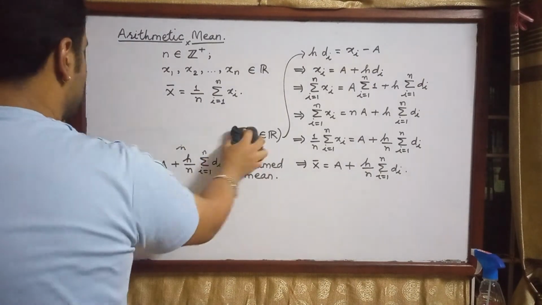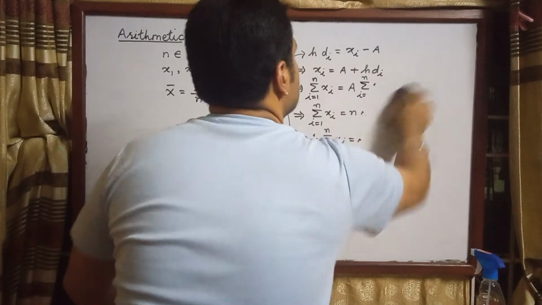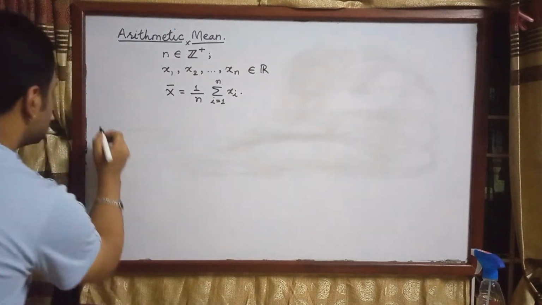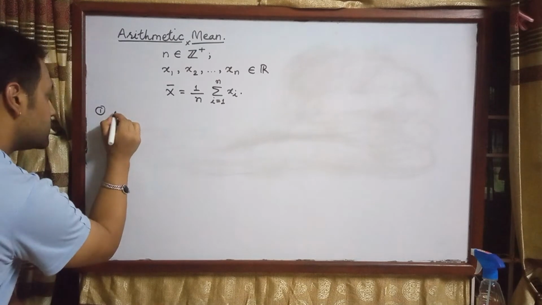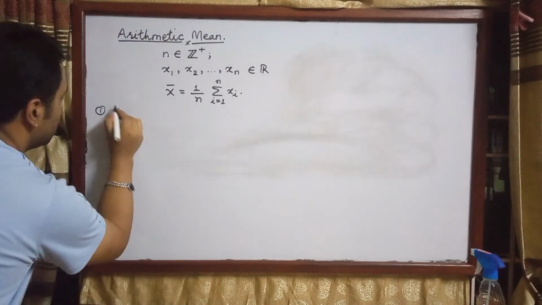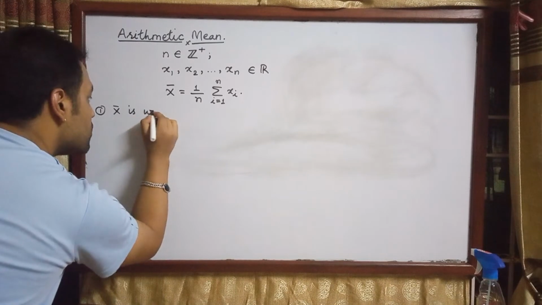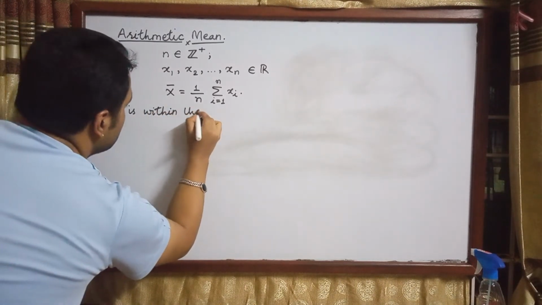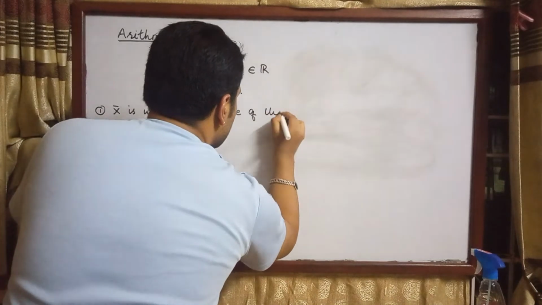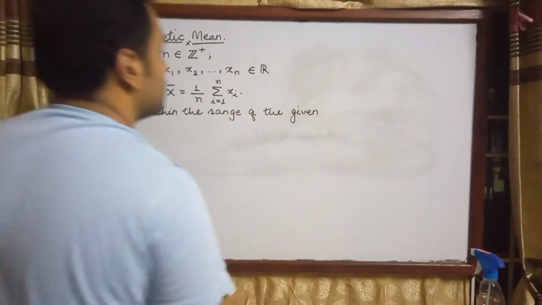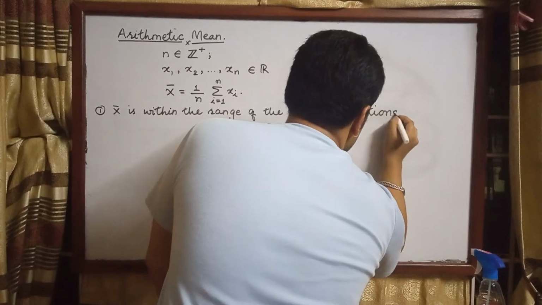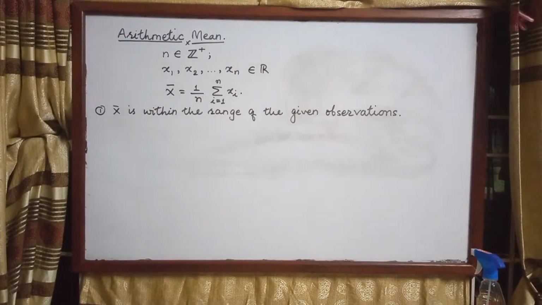Let me get rid of this. The first property is that the arithmetic mean, let me just write x bar, is within the range of the given observations.